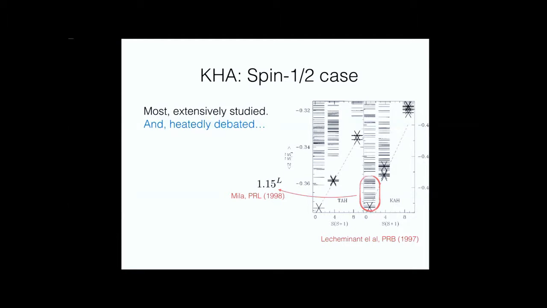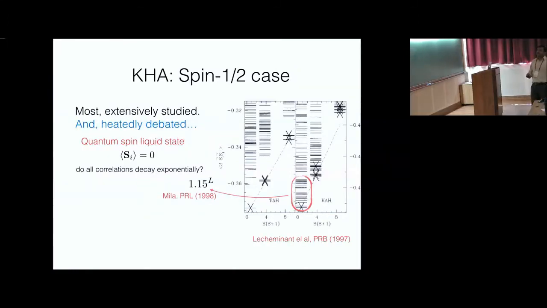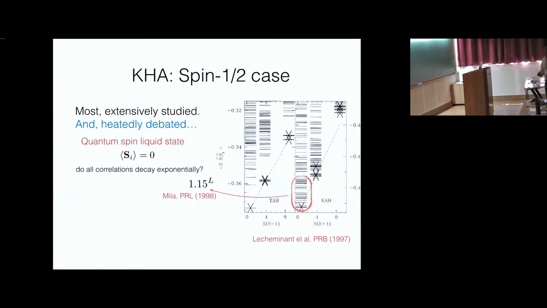In case of Kagome antiferromagnet, they find a huge sort of low-lying singlet or resonating valence bond sector or singlet sector. Frederick Miller, in fact, made an interesting computation or estimate of the number or the size of this sector, and he says it's exponentially large in system size. It's certainly a case for quantum spin liquid, realizing quantum spin liquid states.